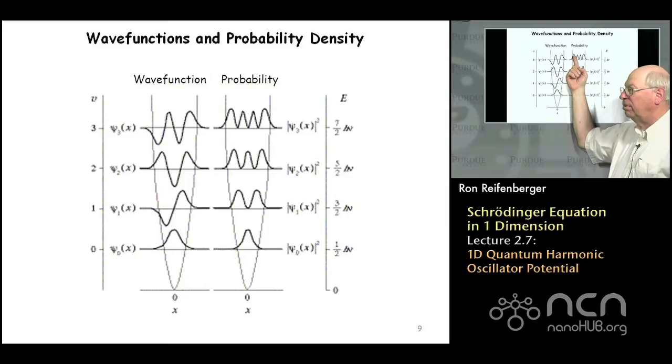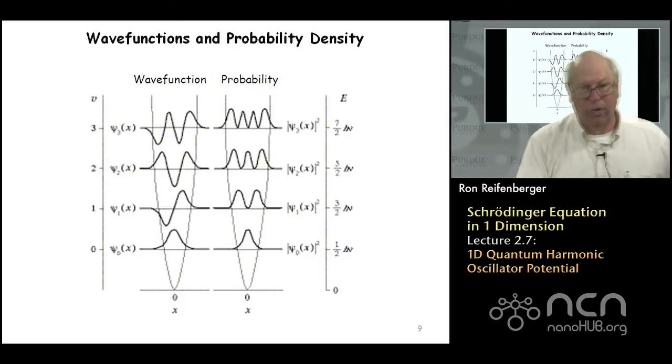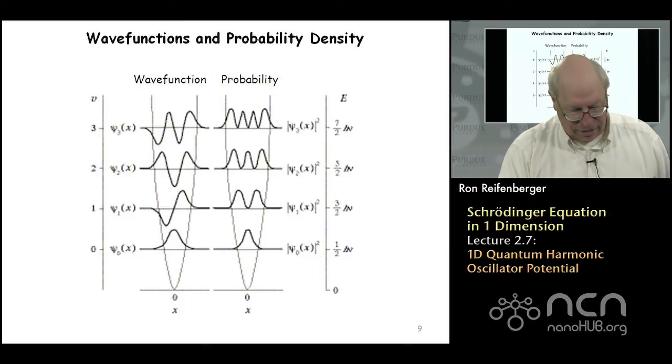Conversely, there would be maximum values of the probability where the particle would be most likely to be found. And so once you know the wave functions, you can interpret where the particle is likely to be located by simply taking psi times psi squared and making plots of that.